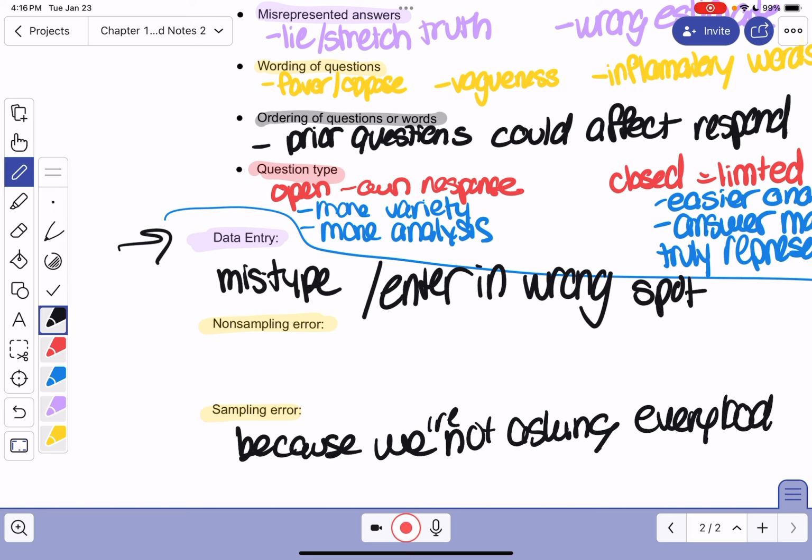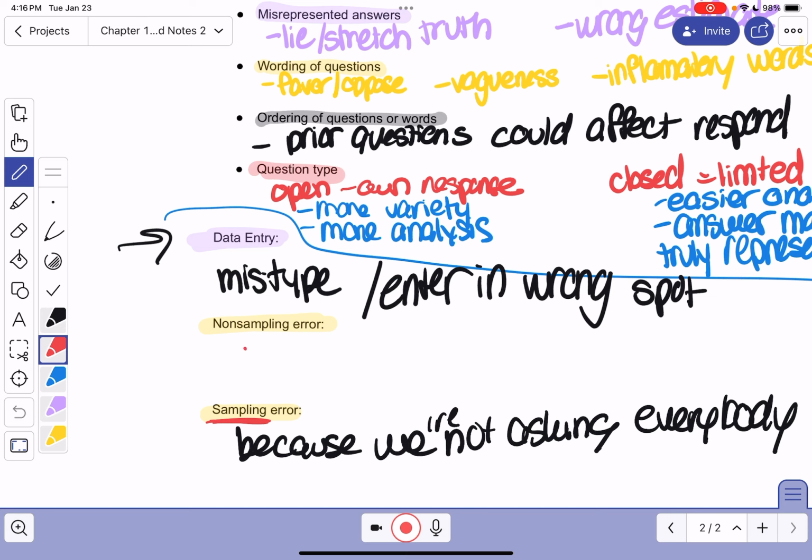You can have a representative sample that perfectly represents the percentages and everything. Your questions can be perfect. You can get everyone to answer, but you're not asking every person. These 20 people might have different responses than those 20 people. And just by the nature of that, sometimes that group, even if it is ideal, isn't going to represent perfectly. We can't be perfect. So a sampling error comes from the fact that we're using samples.